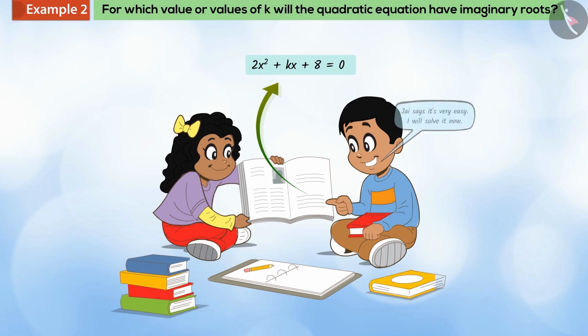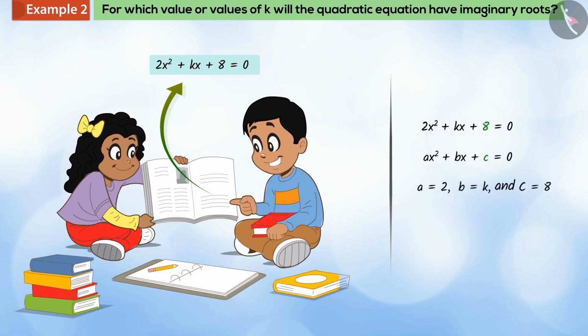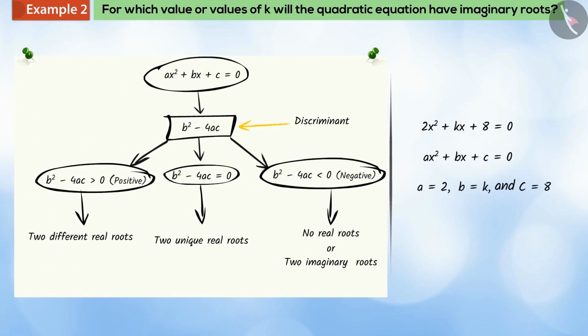First of all, by comparing this equation with the standard form of the quadratic equation, we get the values of a, b, and c. We know that the roots of a quadratic equation will be imaginary if the value of its discriminant is less than 0, that is, negative.